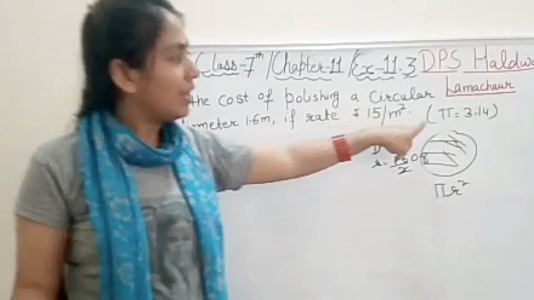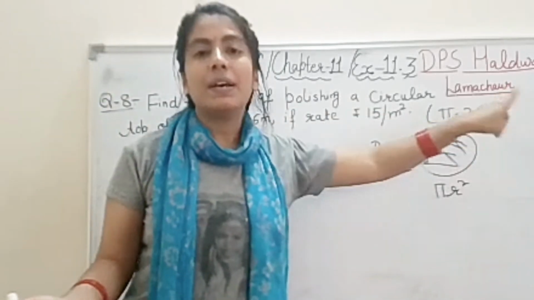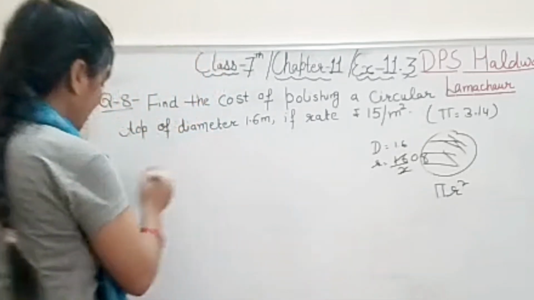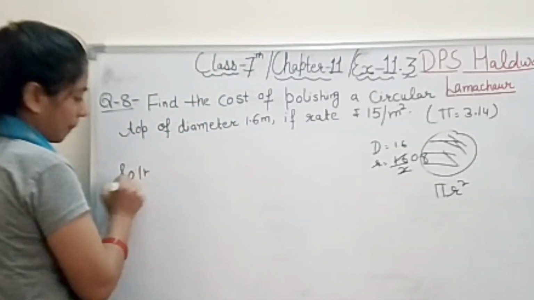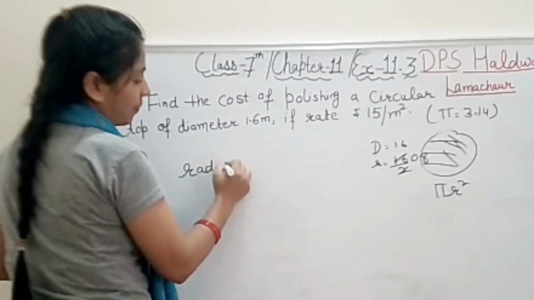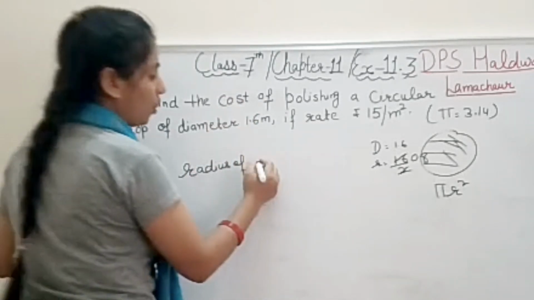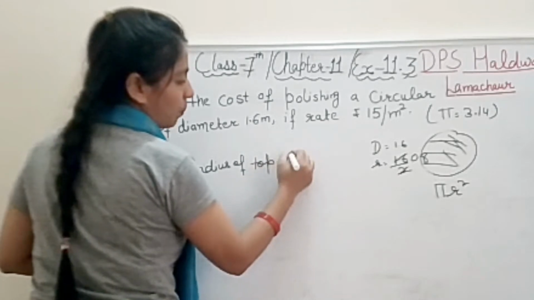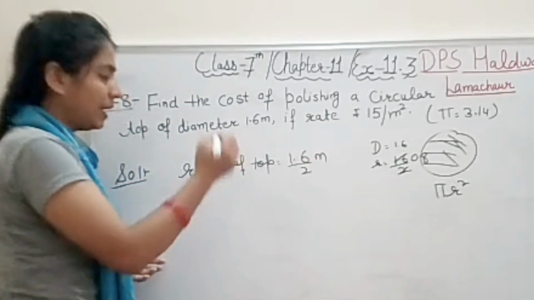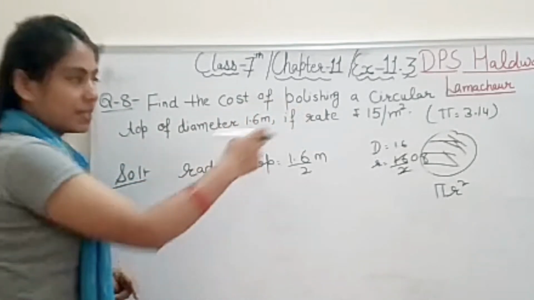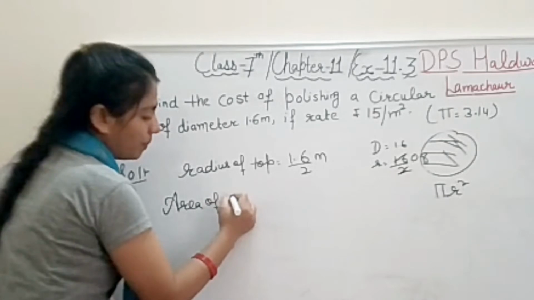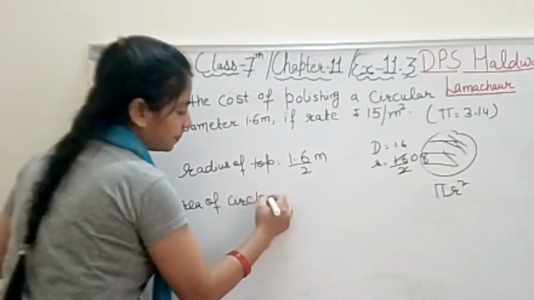Now the pi value is given to you, that you will use: 3.14. Very easy. Start the solution. The radius of the circular top will be 1.6 by 2 meter, right, student? And it is asking for the cost. So first of all you will take out the area. The area of the circular top is pi r square.